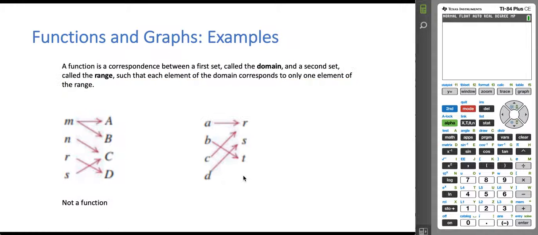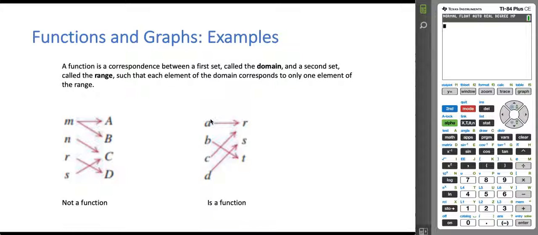Okay, let's look at another example. In this example, we have A, B, C, and D that are assigned to R, S, and T. So think about this. Do you think this represents a function? Did you say yes? I hope so, because it is a function. Every element of the first set is assigned to only one element in the second set.